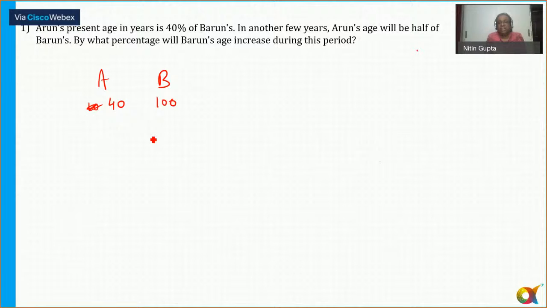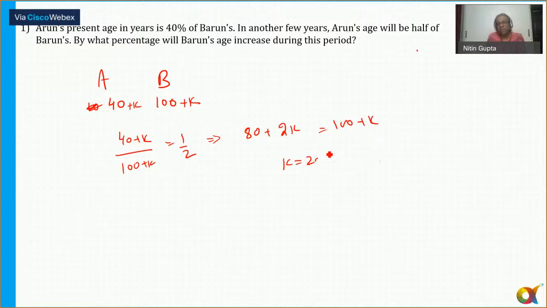In another few years, Arun's age will be half. So let's say after K years, the age of Arun will be 40 plus K, and Arun's age will be half of Varun's. Okay, so the question is by what percentage Varun is.